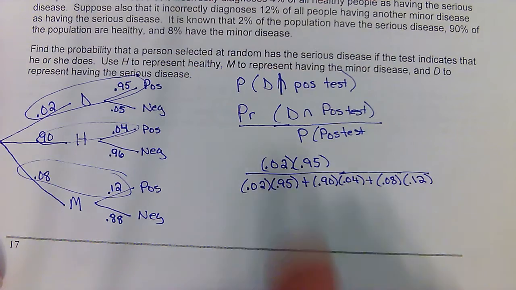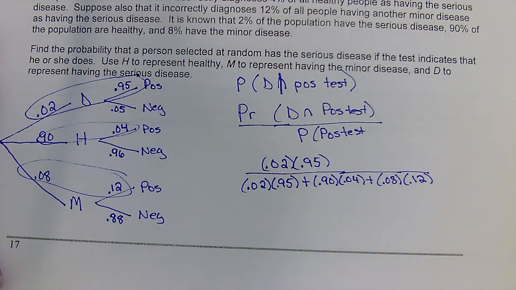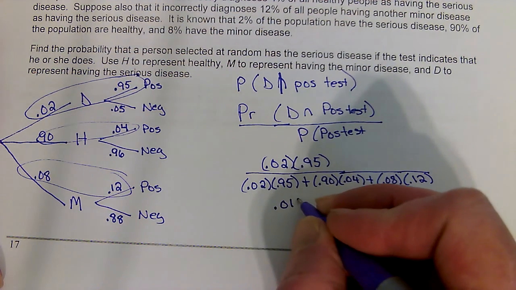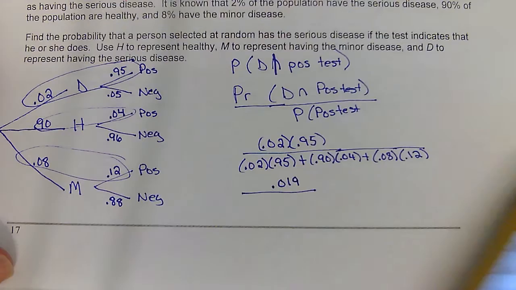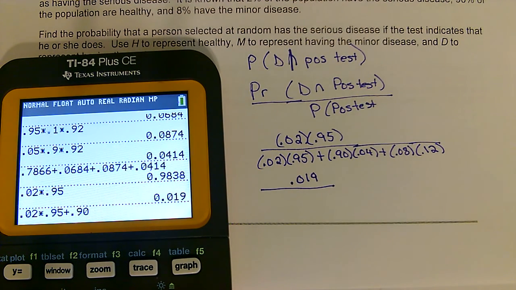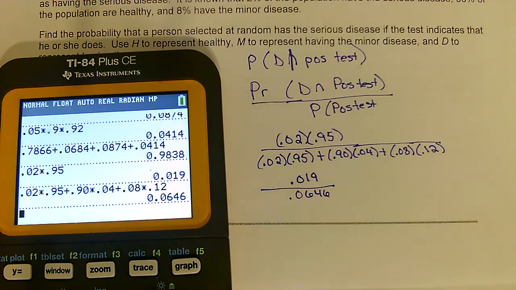So we're going to take the product of the main branch that we're looking at, 0.02 times 0.95, divided by the probability that we just got a positive test, which would be that probability plus 0.90 times 0.04, plus 0.08 times 0.12, which is 0.0646.